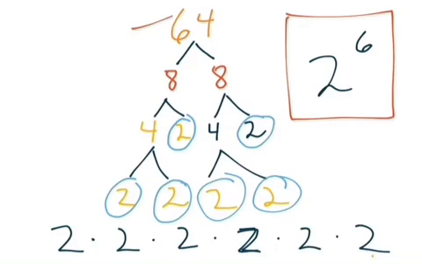So this is how you represent the prime factorization of a number. Remember, locating all of the primes and then multiplying them, putting them together basically in a multiplication expression, and then from there writing the exponent up at the top.